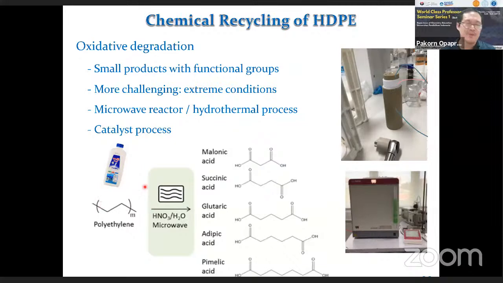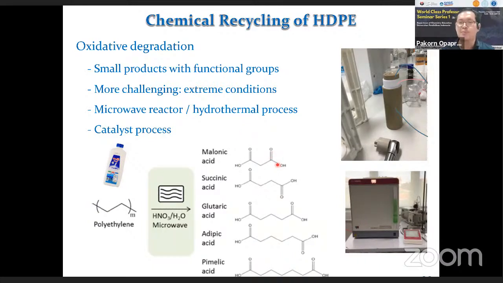So we also develop a process that is called oxidative degradation. Because this polyethylene does not have functional groups in the molecule, no oxygen, no nitrogen in the molecule. So if we treat this with acid, especially nitric acid, we can break the chain of this polymer into small molecules that contain functional groups.